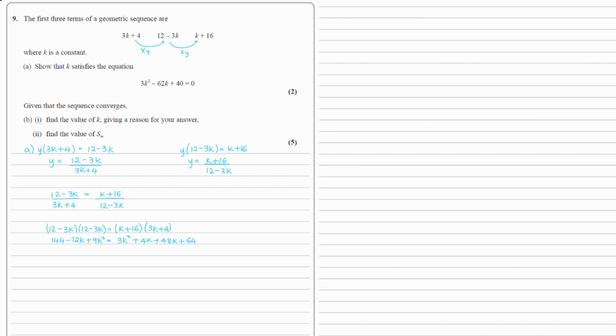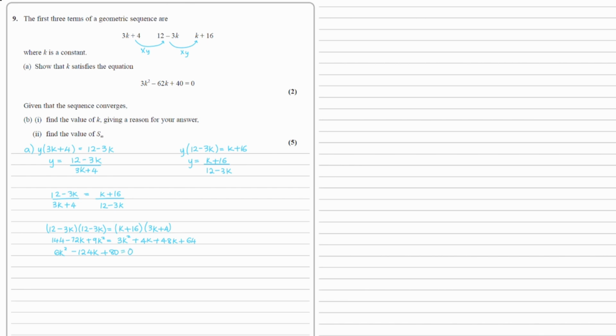If we then bring all the terms onto the left-hand side, we have 9k squared take away 3k squared, which gives us 6k squared. We then have the k terms, which would be minus 72k take away 4k, take away 48k, which gives us minus 124k. For the number terms, we have 144 take away 64, which gives us plus 80, and this is equal to 0.